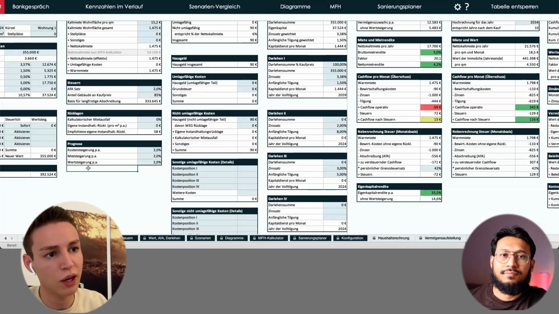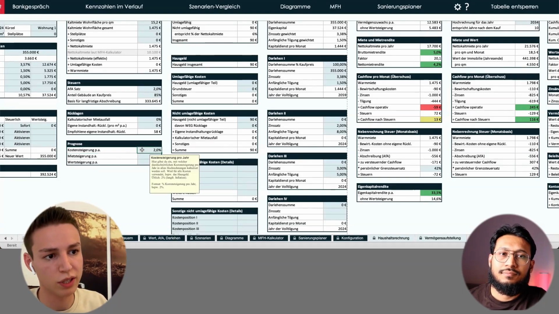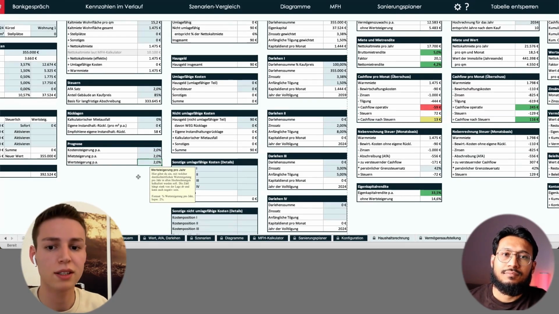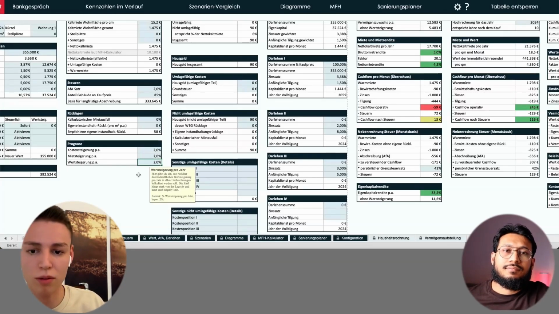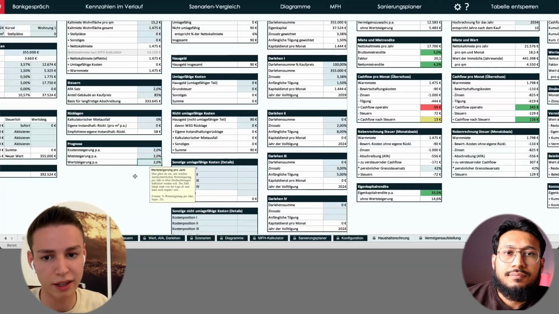That means we just assume we have 2% inflation over this whole 10 years. Means your operating cost rise 2%, the rent also rises 2%, and your property value rises 2%. This is a very conservative calculation, right? Because in many instances we have seen way more than that, but we just calculate with basically the inflation.